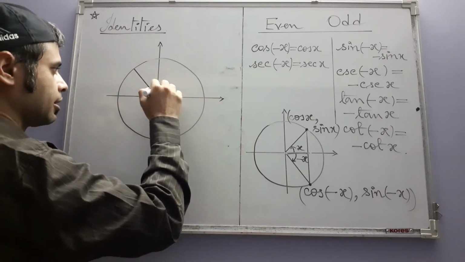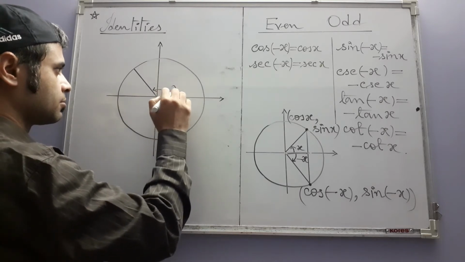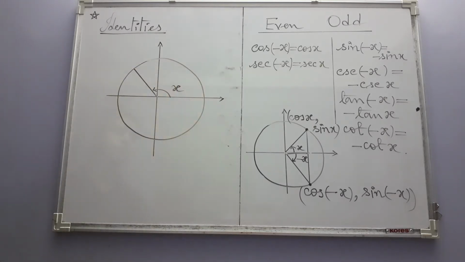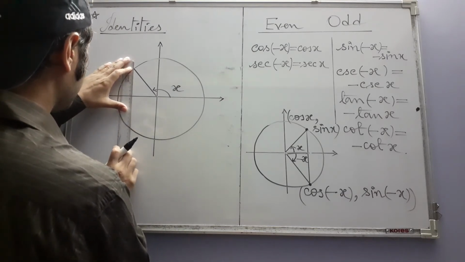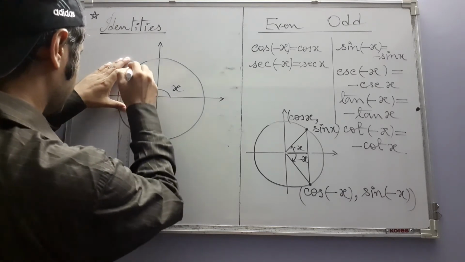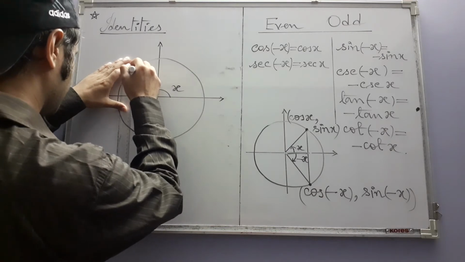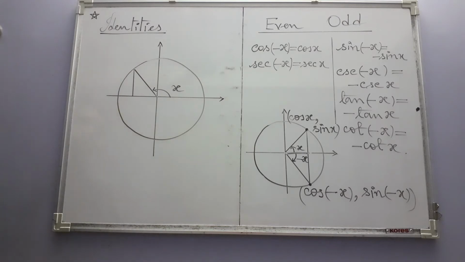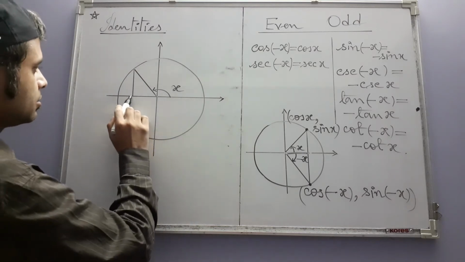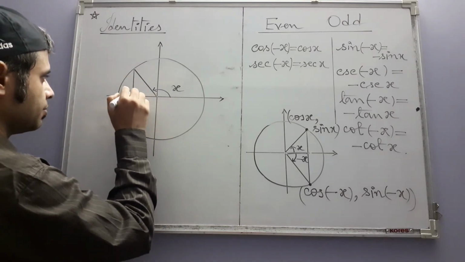So the angle is this, x radian. Then the point where this terminal ray intersects the circle, from that point we drop a perpendicular on the x-axis. So that's how we get this right-angled triangle.